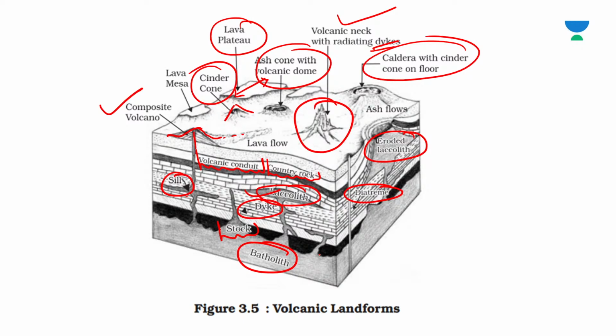Such structures are called dikes, and these are the most commonly found intrusive forms in the western Maharashtra area. These are considered the feeders for the eruptions that led to the development of the Deccan tracts.